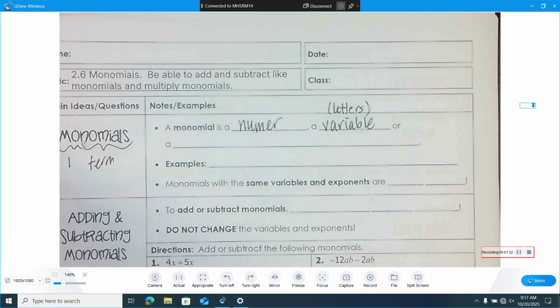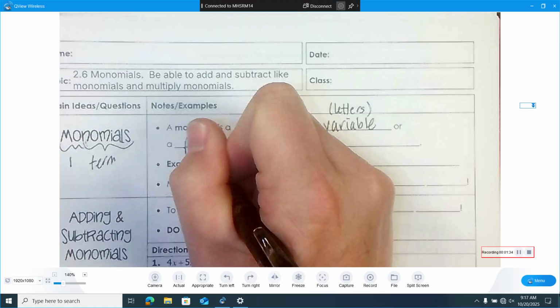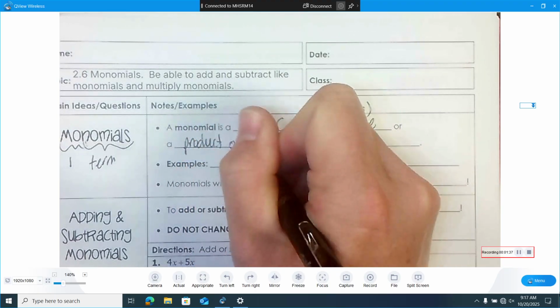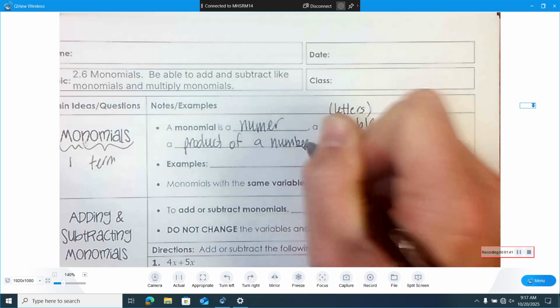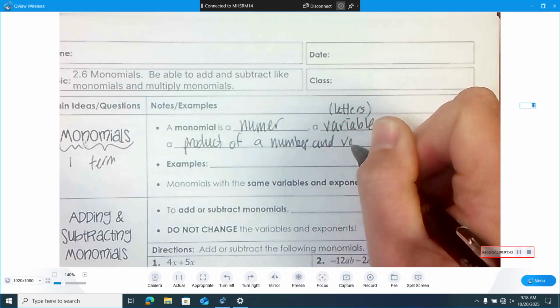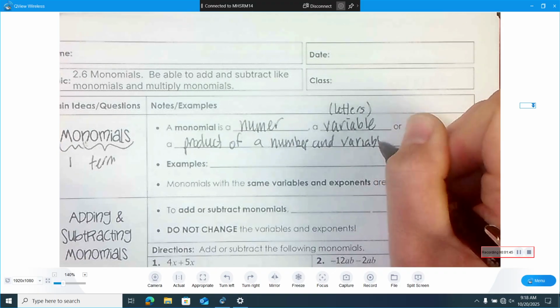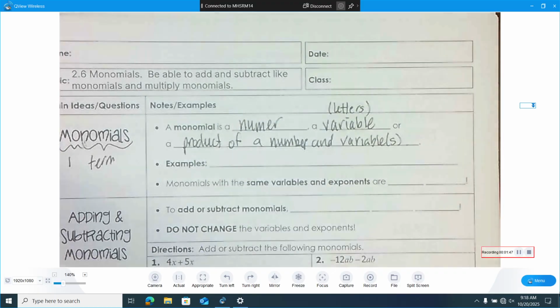A variable or a product of a number and variable or variables. So we put a little parenthesis S there because it might be one variable. There might be A's and B's there.